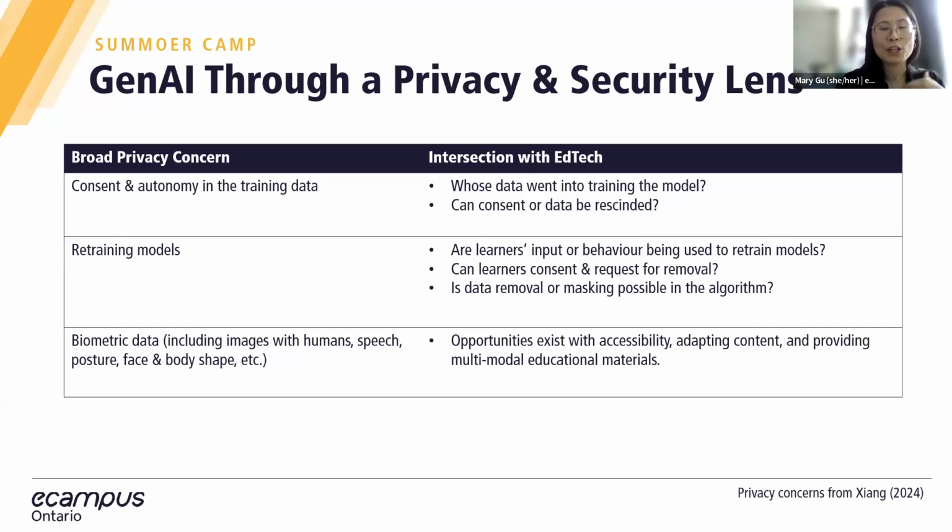So for example, if you were trying to generate an instructional video and you wanted an AI agent to do that speaking, that's probably using a model that's trained on biometric data in order to create that AI human image, rather, I would say. There's also opportunities there to provide multimodal education. So there's a lot of pros that can come.